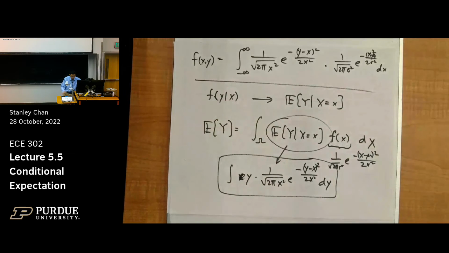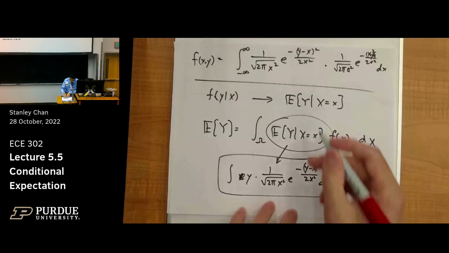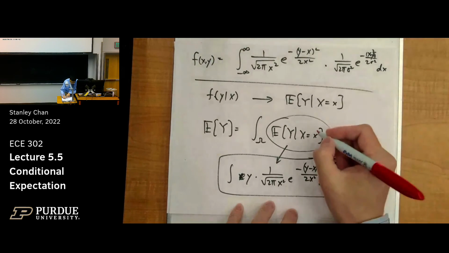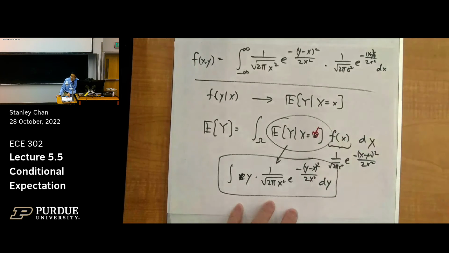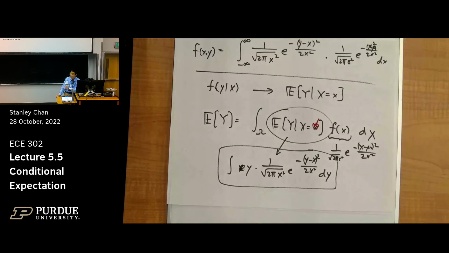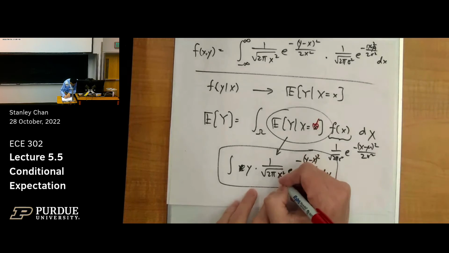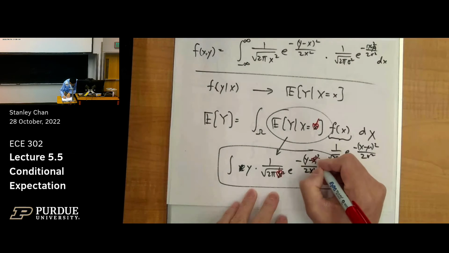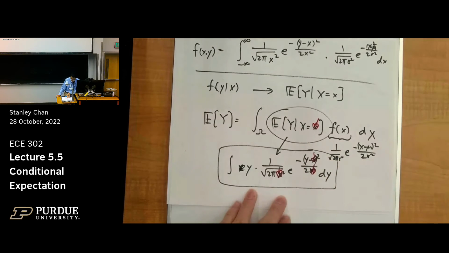Now, if you get confused about all the x and y's here, let me tell you the way I teach my daughters. When you see something you don't like, just replace it with an apple. Then you will be very clear what you're doing. Okay, so replace this by apple. Replace this by apple. You only have y left. So you have to integrate with respect to y.